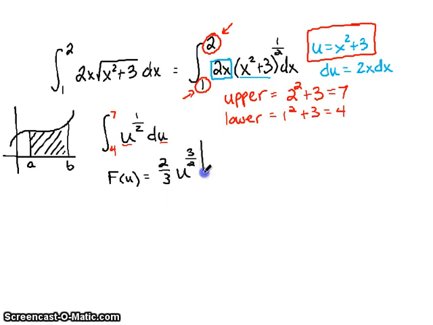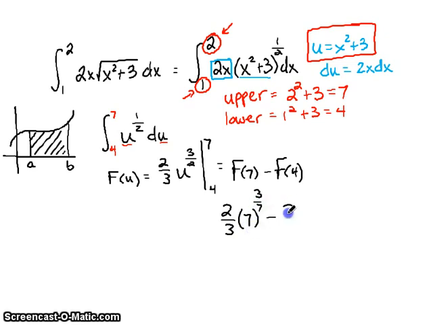If we evaluate that from 4 to 7, that's going to be capital F of 7 minus capital F of 4, which is 2/3 times 7 to the 3/2 minus 2/3 times, I'm sorry, not 7, but 4 to the 3/2.